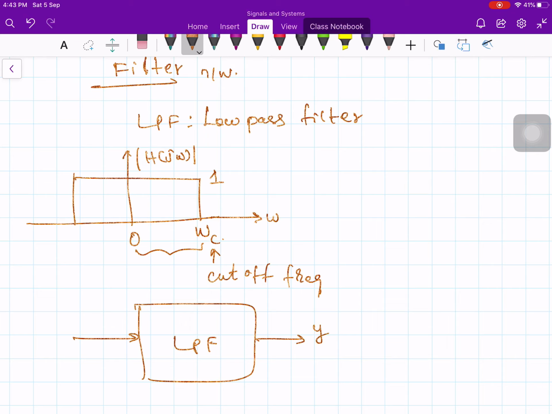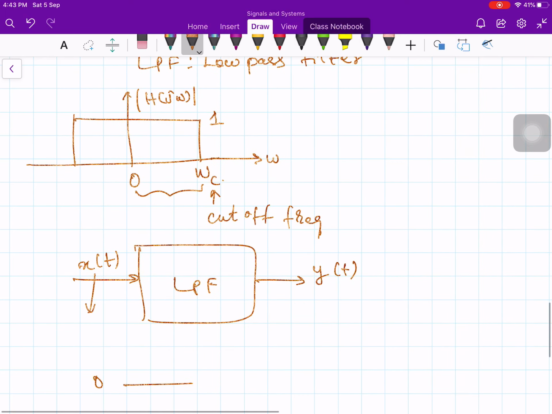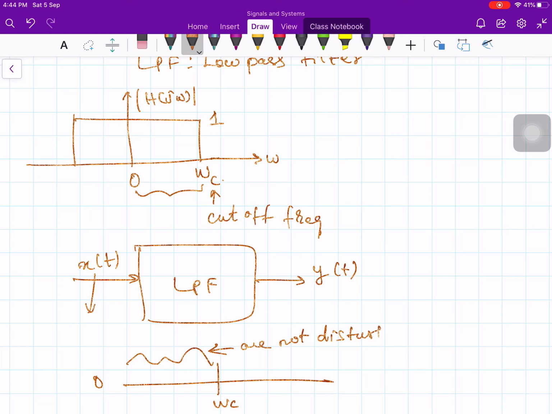The x of t may contain frequencies from 0 to somewhere else, but the frequency components between 0 and omega c are not disturbed by the low pass filter, while the frequency components from omega c onwards are completely eliminated by the low pass filter.